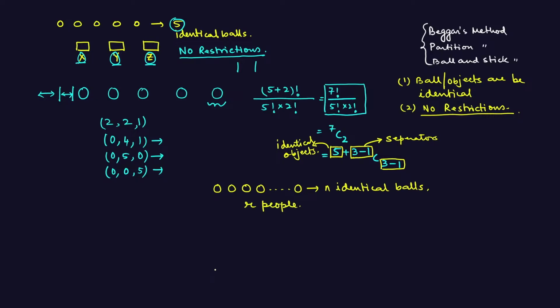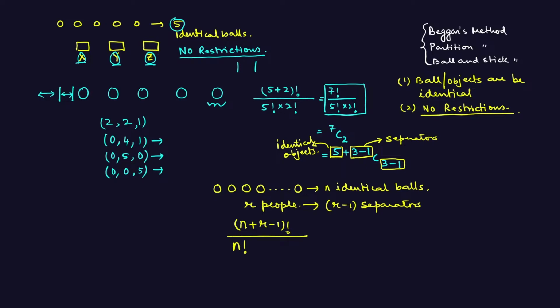As R people are there, we must introduce R minus 1 separators. Now we are having n identical balls and R minus 1 separators. So they can arrange among themselves in n plus R minus 1 factorial, divided by factorial n, since the n identical balls are identical.